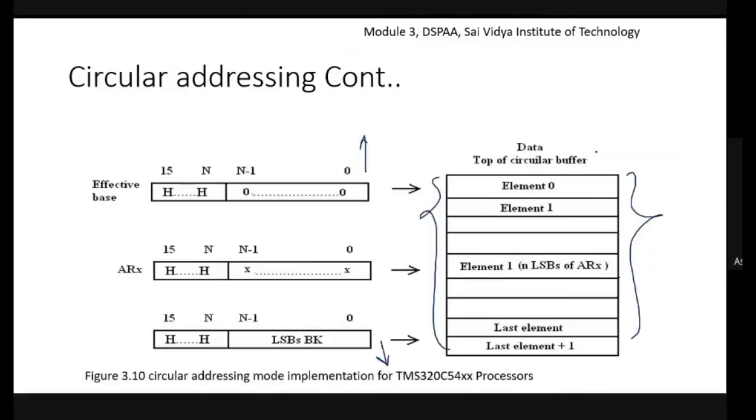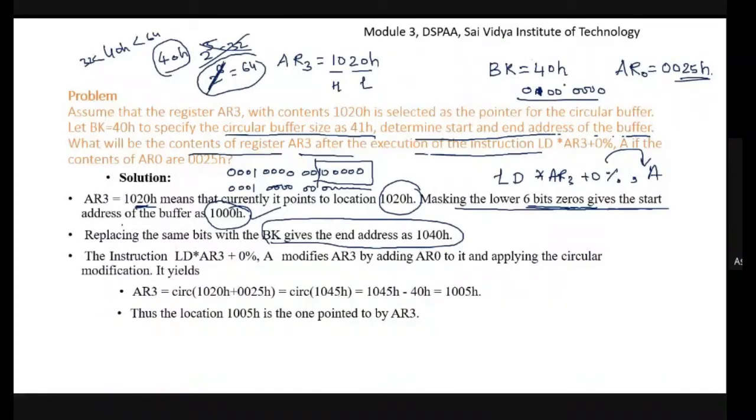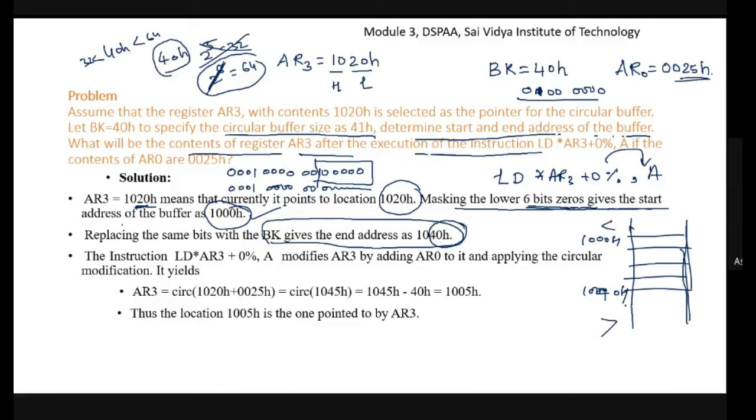The 40H hexadecimal value will be taken directly as your BK register content, and this gives 1040H. Now, the start address of the circular buffer is 1000H and the end address is 1040 hexadecimal. So once this value is fixed, whatever updated index appears, we'll come to know where it will be.